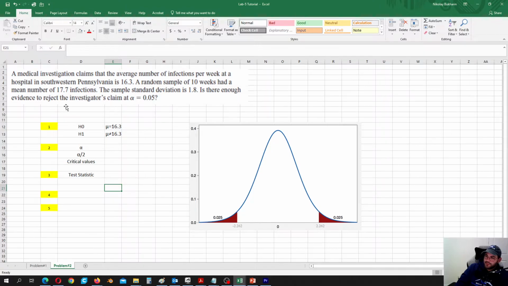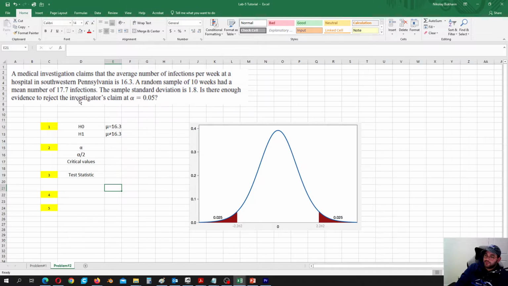Is there enough evidence to reject the investigator's claim at alpha equal to 0.05? So the medical investigation claims that the average number of infections per week at a hospital is 16.3. That's what we claim.